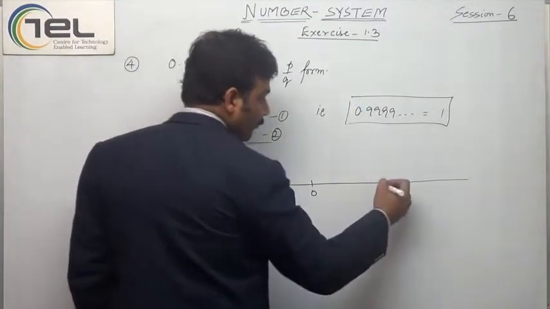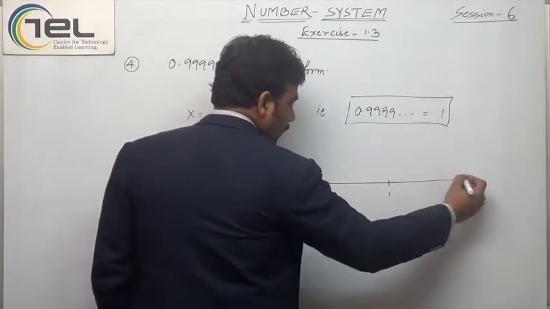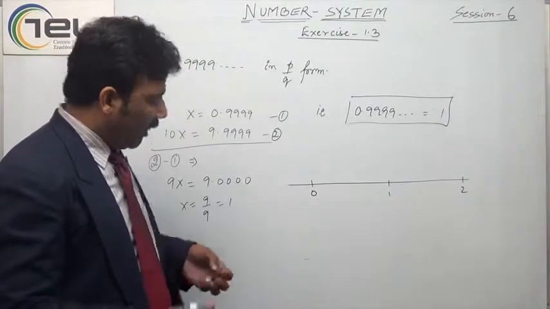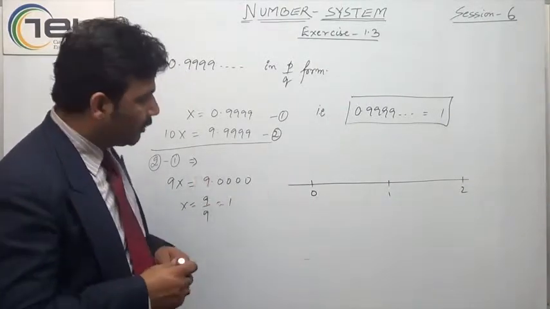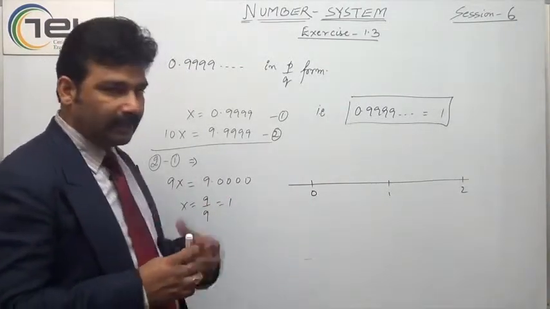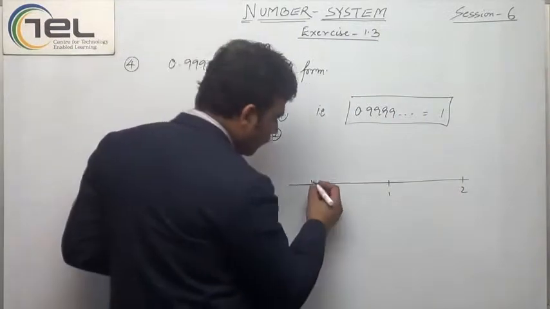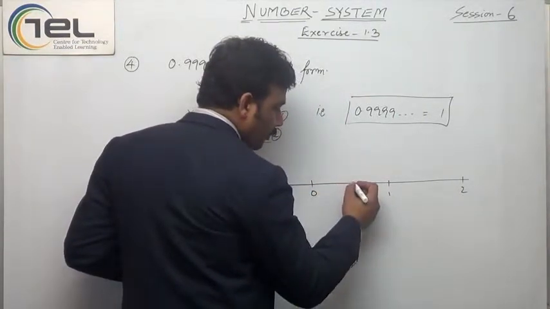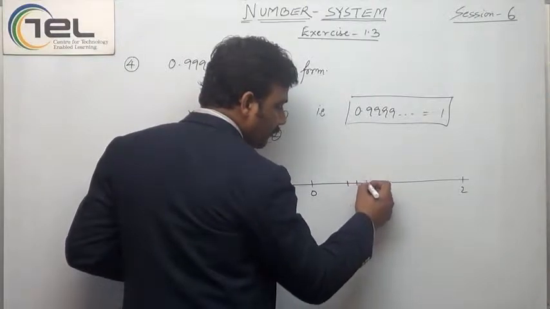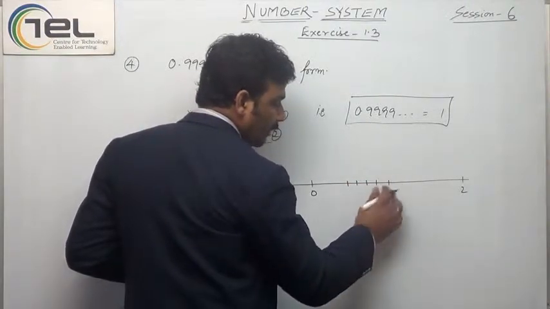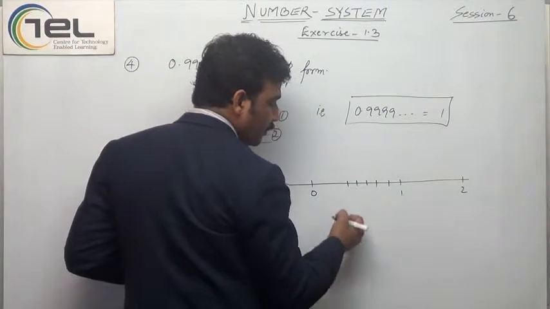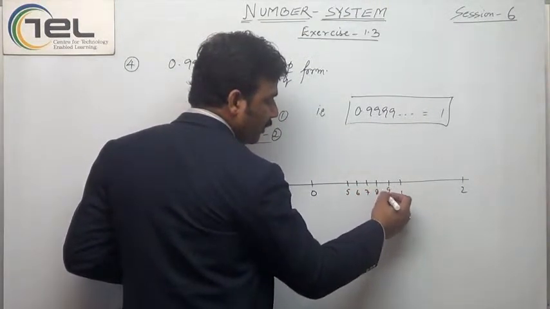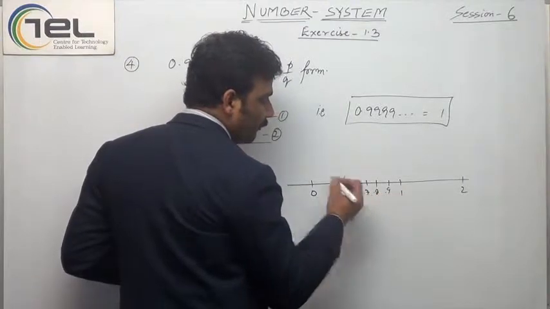This is 0, this is 1, and this is 2. If I am saying 0.9, 0.9 is the ninth part. If I divide this into some equal parts, and let's say I put 1 here, so if this is 5, 6, 7, 8, 9, it is like this.